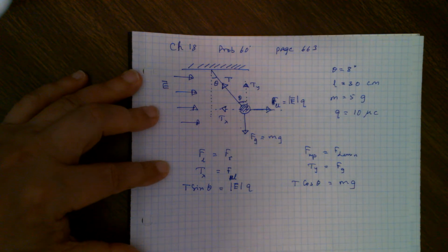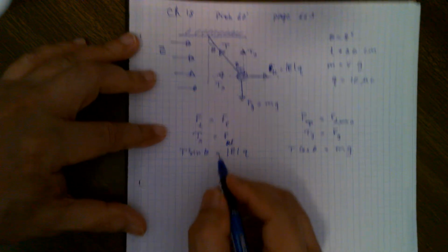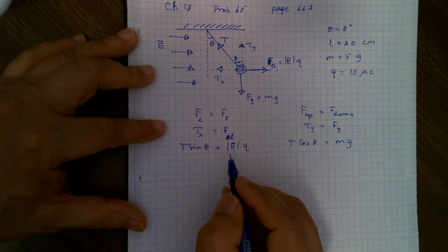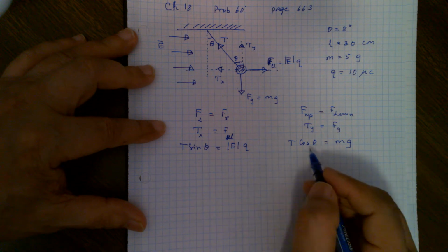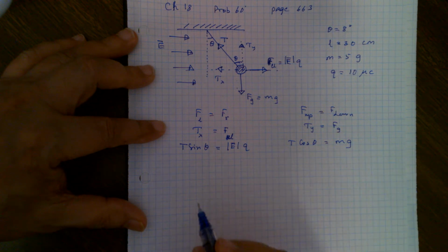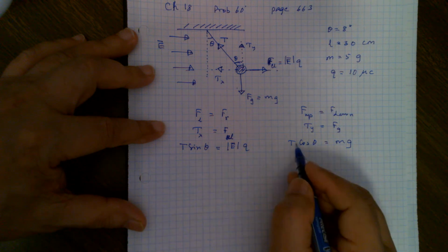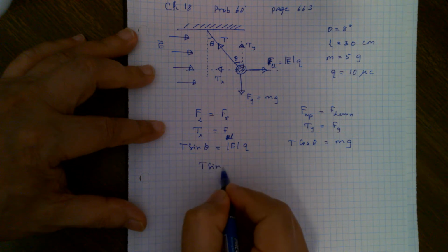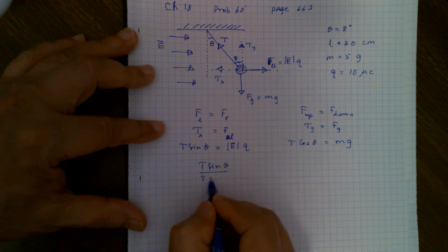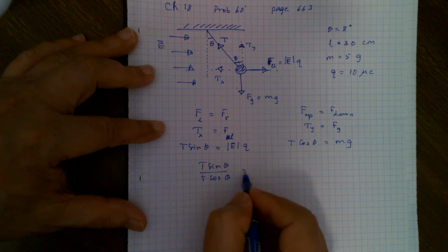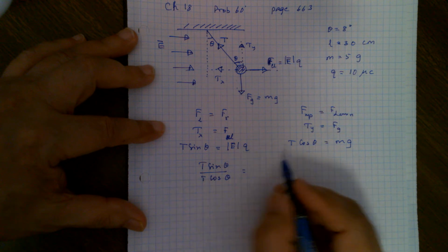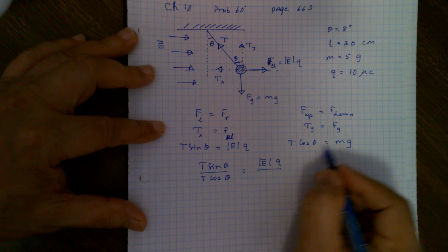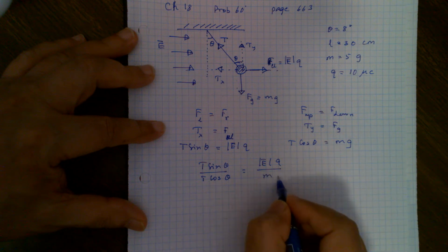So now we have two equations. One is from forces pulling to the left and to the right. One is from forces pulling up equal to forces pulling down. So I'm going to divide T sine theta by T cosine theta. On the other side, T sine theta is equal to EQ and T cosine theta is equal to mg.